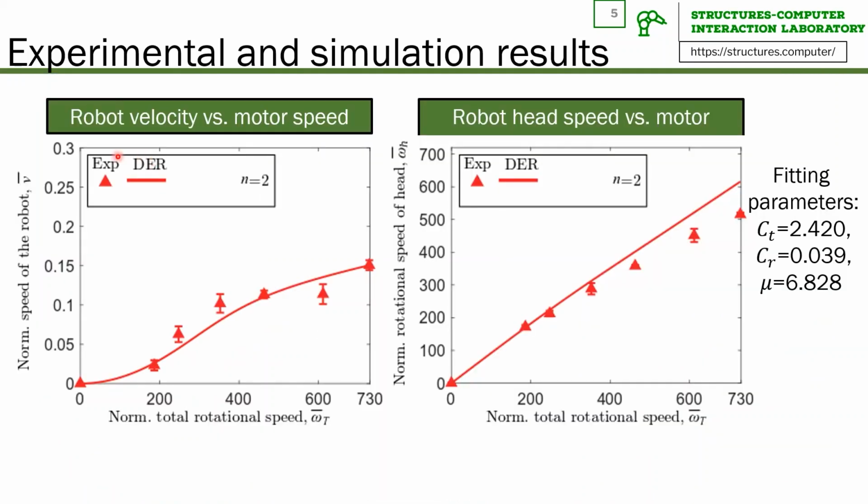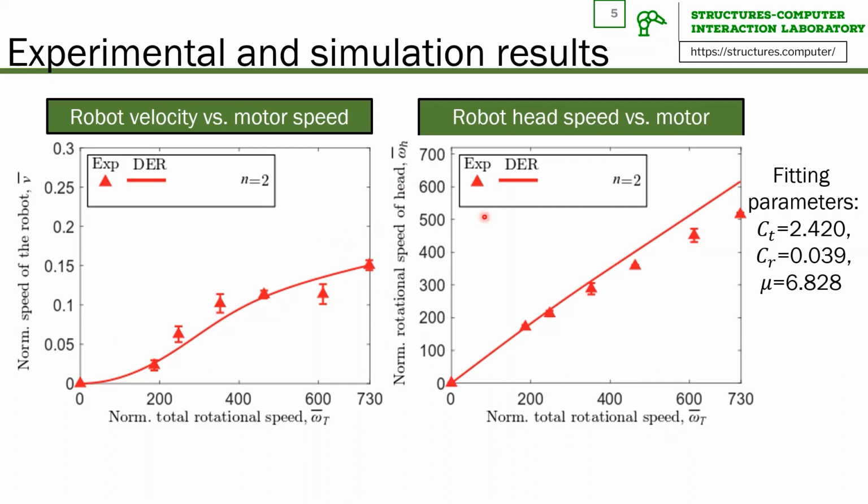As previously mentioned, we use RFT to model the hydrodynamic force onto robot tails. We use the fitting parameters CT, CR, and mu, where mu stands for the drag coefficients of granular media onto the robot tails, to fit experimental data and simulation results for the two-tailed robot about normalized speed of the robot v bar versus normalized total rotational speed omega t bar, and normalized rotational speed of the robot head omega h bar versus omega t bar.